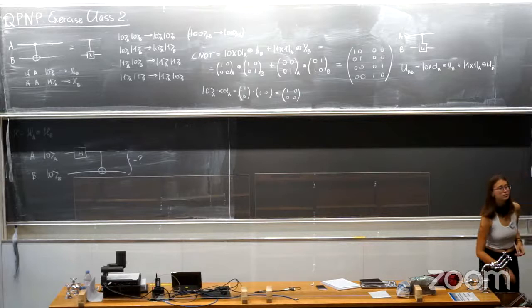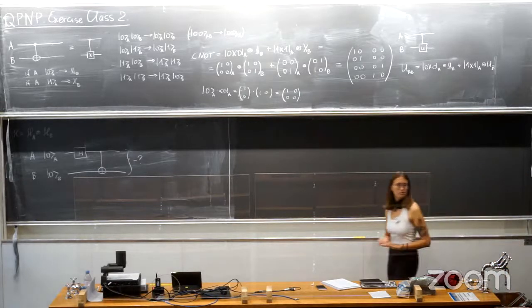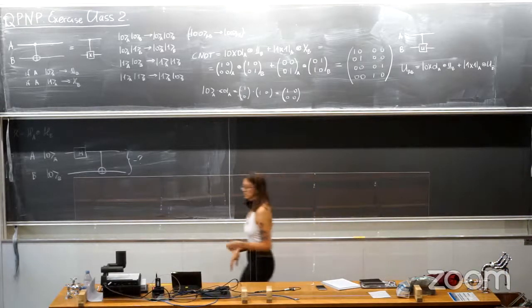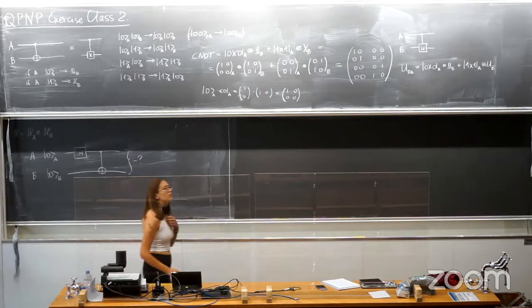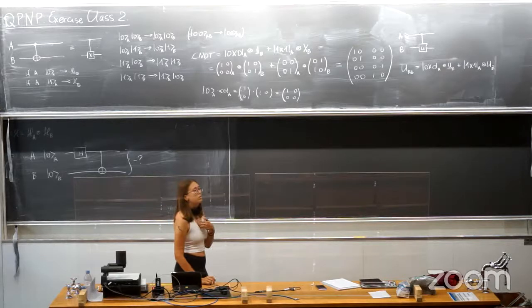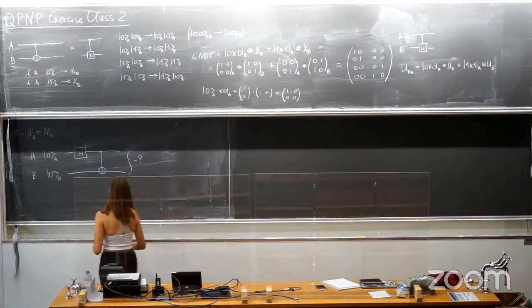Yes. Yeah, you can try to answer. So first A is in the plus state because we have the H gate, which transforms the basis. And then we don't change it. So only the B changes.